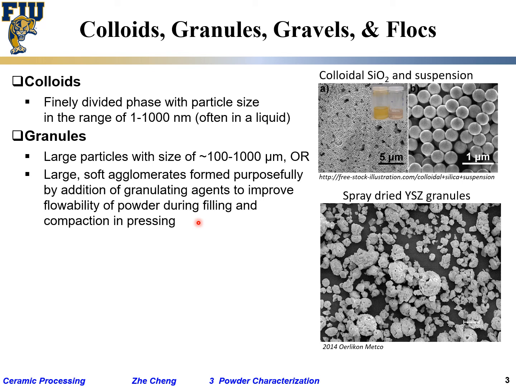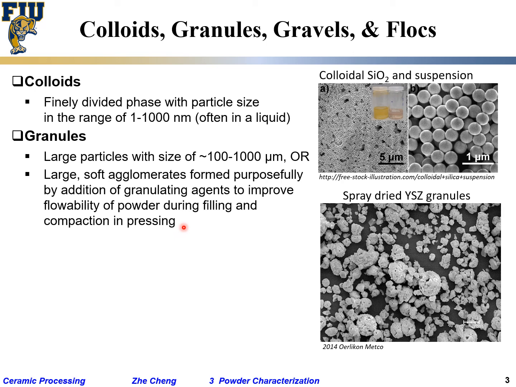Okay, these are so-called spray-dried YSZ, yttria-stabilized zirconia granules. You see the particles are not that uniform. Each of them has pores within it. Each of them has many, many small grains, but they are loosely glued together by granulating agents, some type of polymer to glue them together. You get it by spray drying or some other technique, okay, to improve the flow capability.